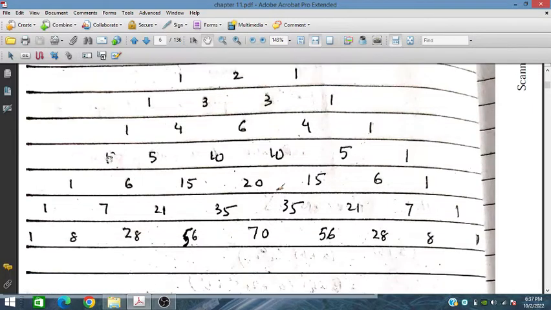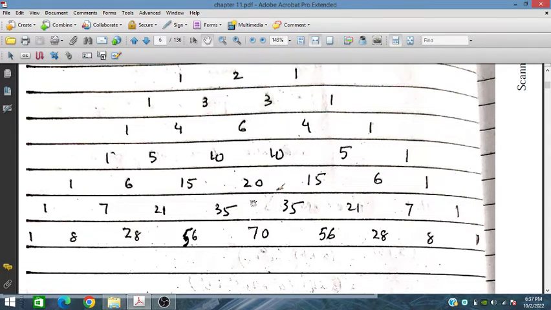For the next Pascal row we have 1 plus 5 is 6, 5 plus 10 is 15, 10 plus 10 is 20, 10 plus 5 is 15, 5 plus 1 is 6, and 1 on the other side. Similarly for the next row we have 1 plus 6 is 7, 6 plus 15 is 21, 15 plus 20 is 35, 20 plus 15 is 35, 15 plus 6 is 21, 6 plus 1 is 7, and then 1.